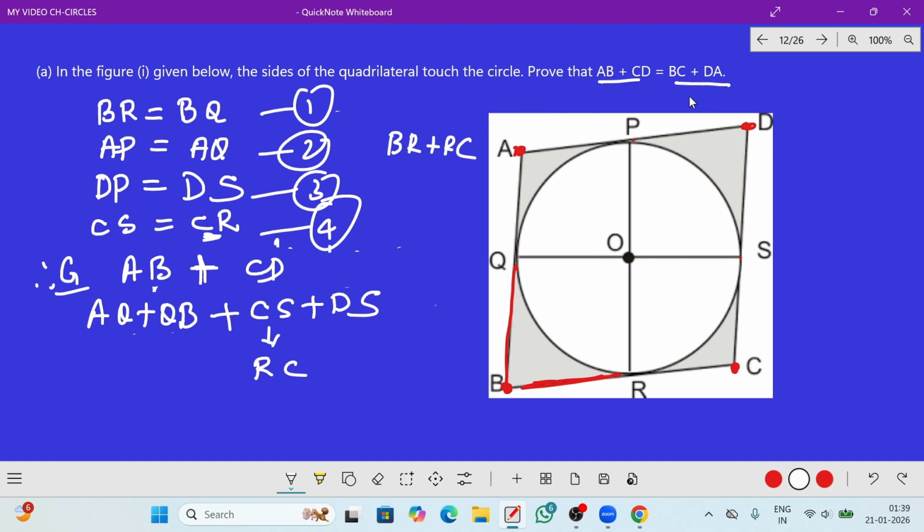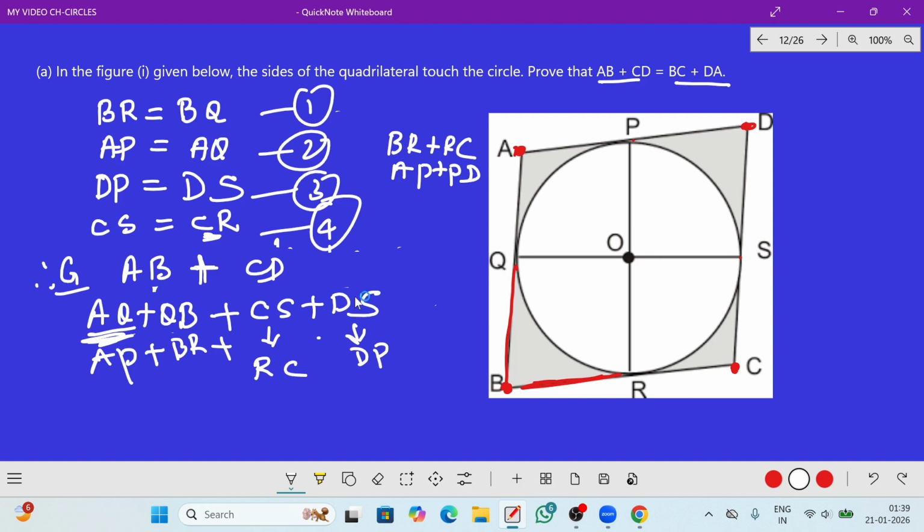And if I want to get DA, I want AP plus PD. So in the place of AQ, can I write it as AP? Plus in the place of QB, can I write it as BR? Plus in the place of CS, can I write it as RC? In the place of DS, can I write it as DP?